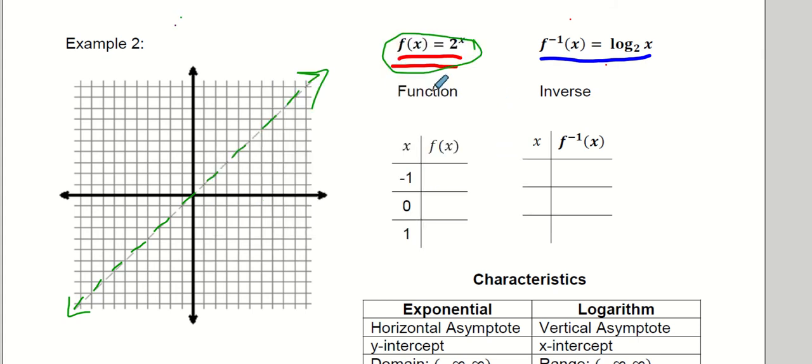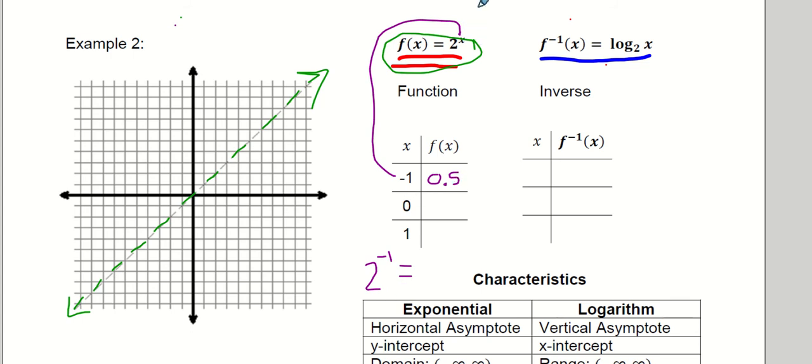If I plug in -1 into this function, 2 to the -1st power is 0.5. And again, you can either use your calculator or write it out. But where this came from is I did 2 to the -1st power. So I'm just plugging in -1 into the x here and then simplifying.